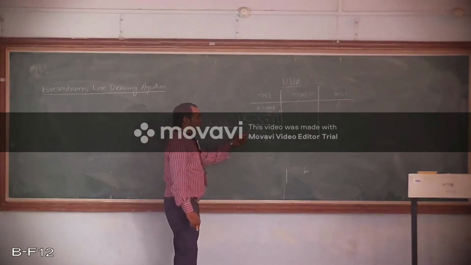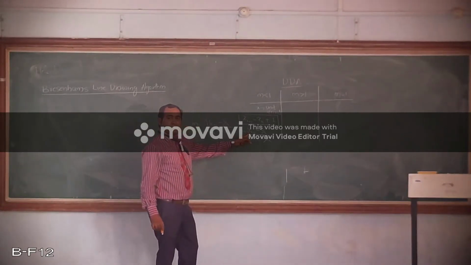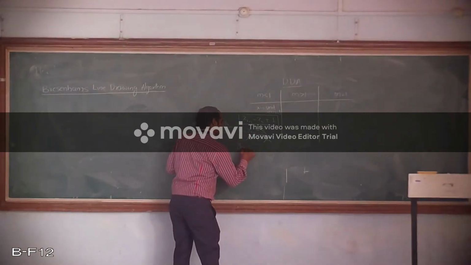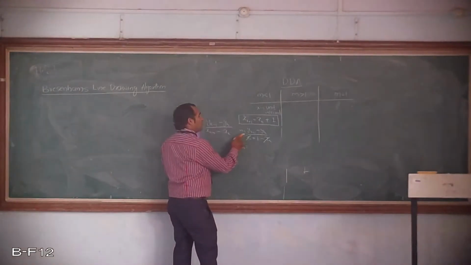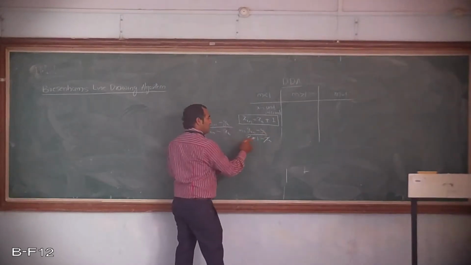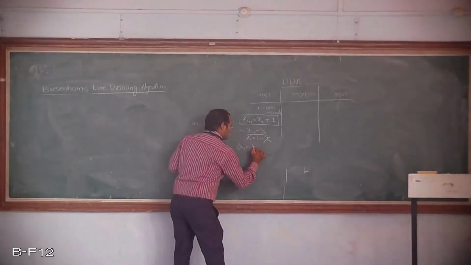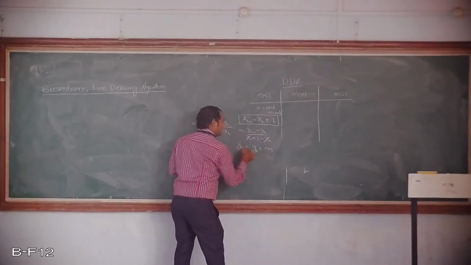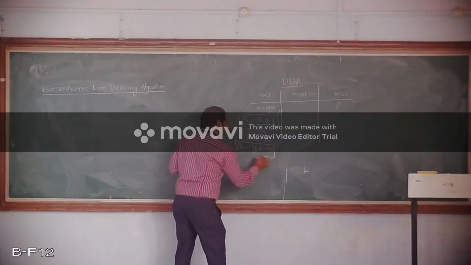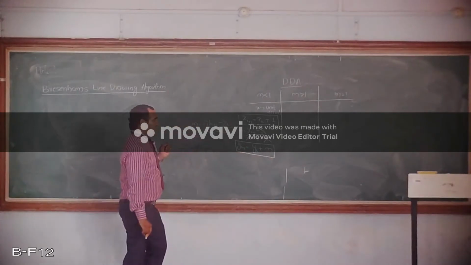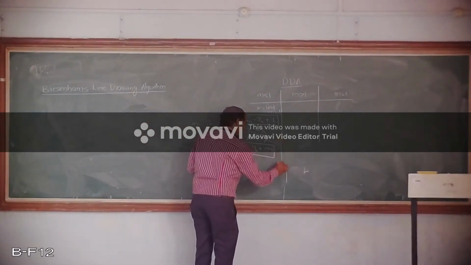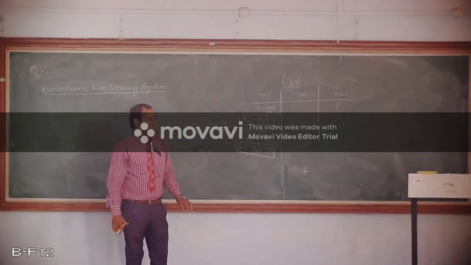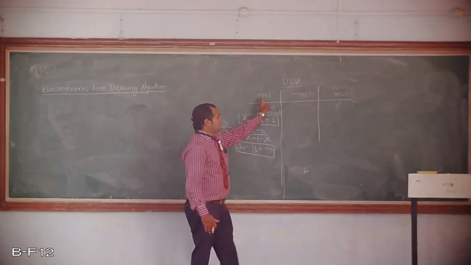I want the next y coordinate, yk plus 1. After sending yk to the other side, it becomes yk plus m, where m is nothing but the slope. So these were the two formulas for m less than 1.